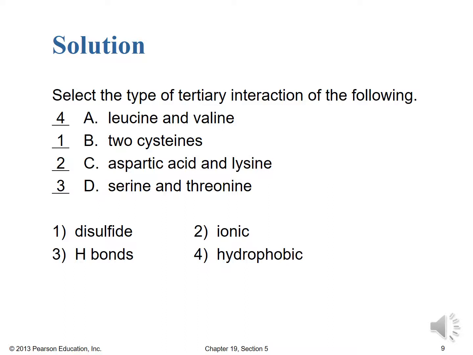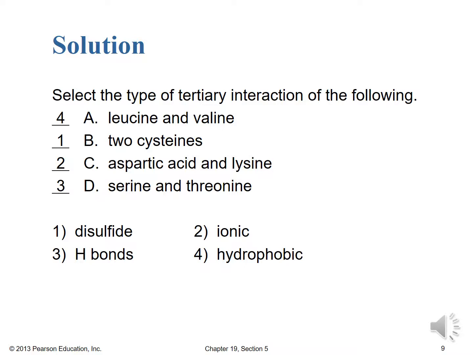Okay, so there we have it. Leucine and valine are two examples of non-polar neutral side chains, so hydrophobic interaction would be the most likely type. B, two cysteines. Hopefully you've already caught on that those are the likely disulfide bridge formers, or disulfide bond formers, as we use both terms.